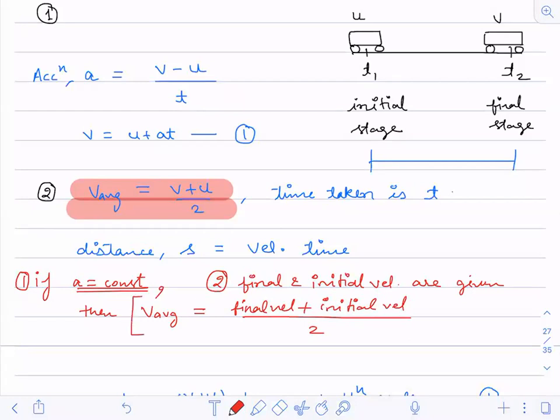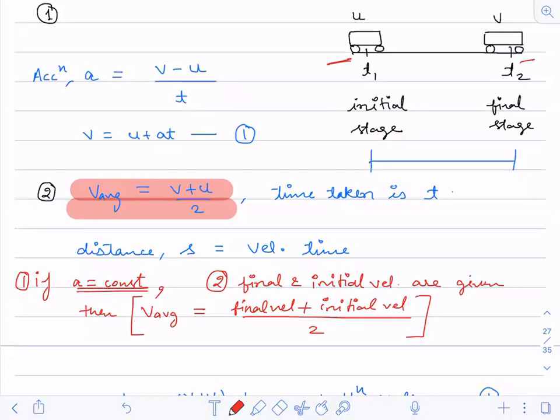How this comes, what is the mathematics behind this, you will study only in class 11th. For now, just understand that acceleration is constant, which is the condition I have told you, and u and v, both the points, initial and final, are given.